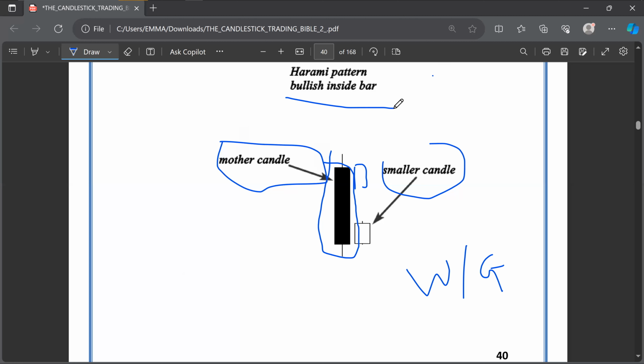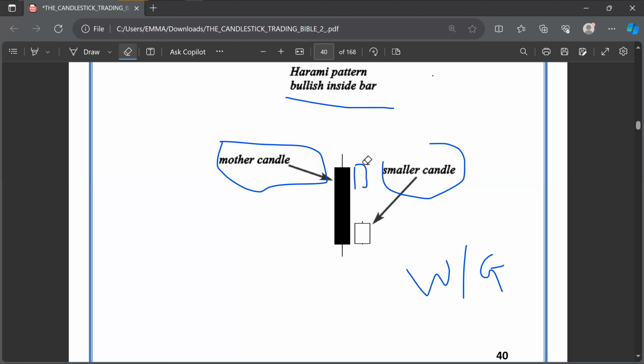What is inside? Bear in mind, the reason why I'm telling you this is that the top here is also inside. Because this top here, the second box that I drew, is found inside the bigger candlestick, right? And I'm finding a way to make you understand the difference between the bullish Harami and the bearish Harami, right?